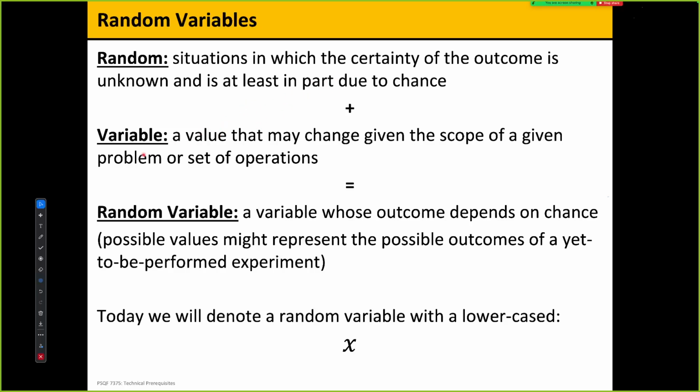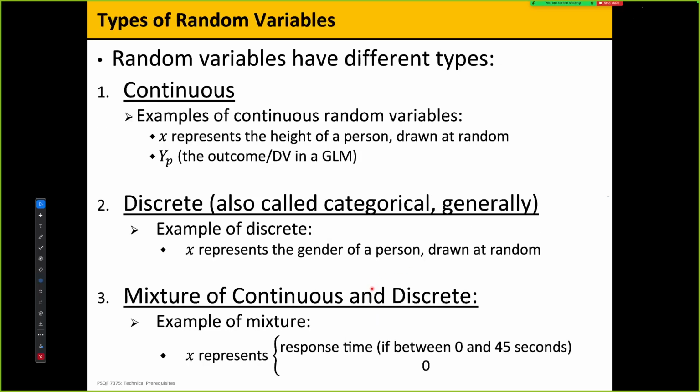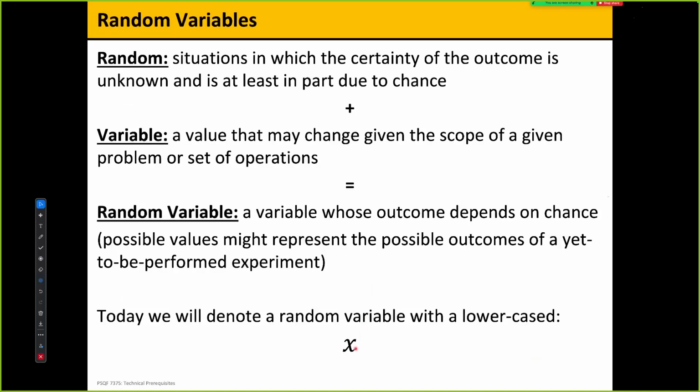And then variable is a value that may change given the scope of a given problem or a set of operations. So putting it together, a random variable is a variable whose outcome depends on chance. Possible values might represent the possible outcomes of a yet to be performed experiment, right? So I might define a random variable as x, lowercase x right here, and I'm going to describe a little bit more about what that means as I go forward. So actually, let me just stop right here.